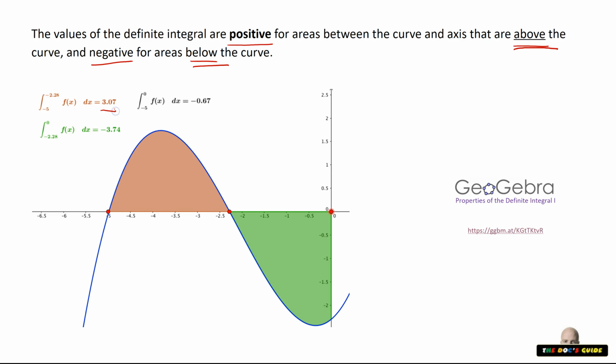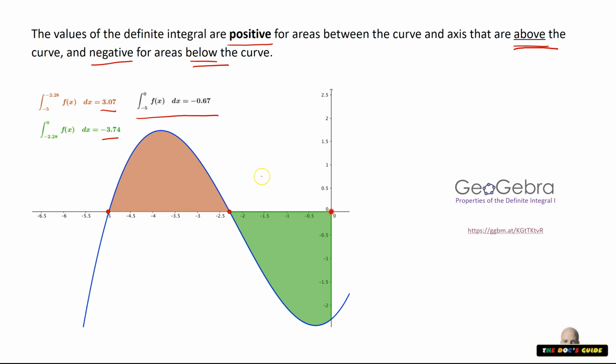It's plus 3.07. The green area is minus 3.74. If I take the integral from minus 5 to 0, so I just add the two integrals together, they actually add as directed numbers. So 3.07 plus minus 3.74 to give us a total of minus 0.67.